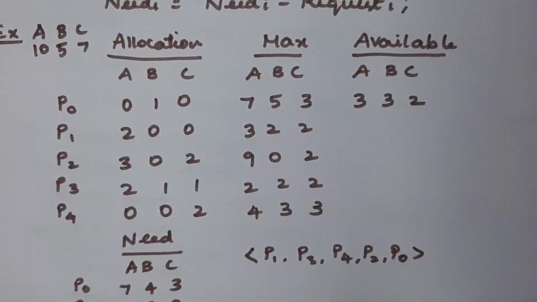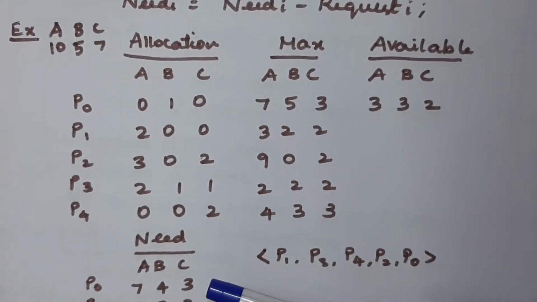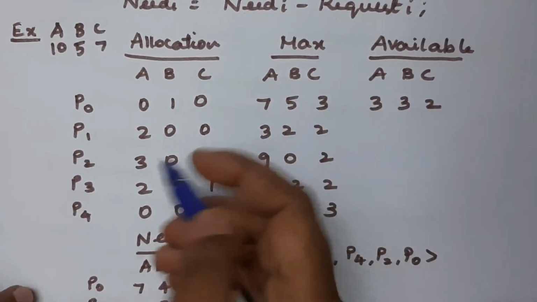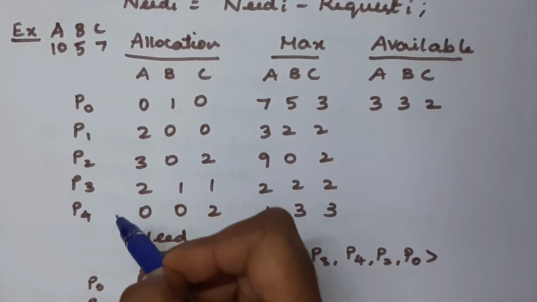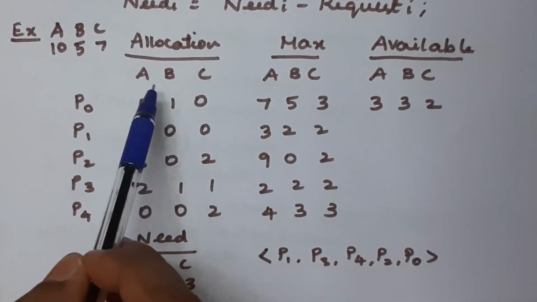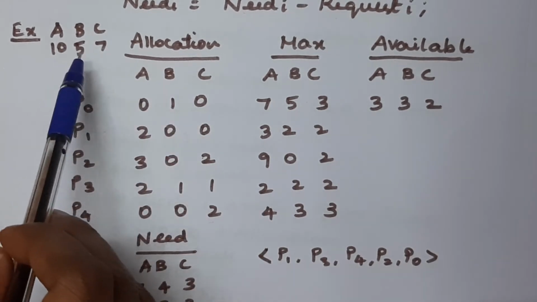Okay. So here we have the example. We have 5 processes and 3 resources, A, B, C. These are 3 different types of resources, and we have some instances of these resources.